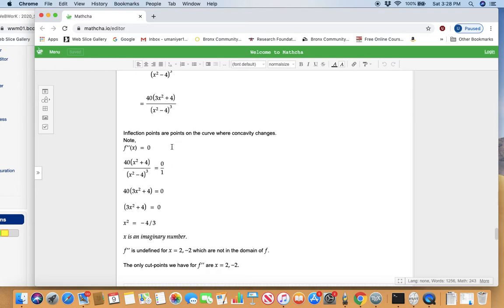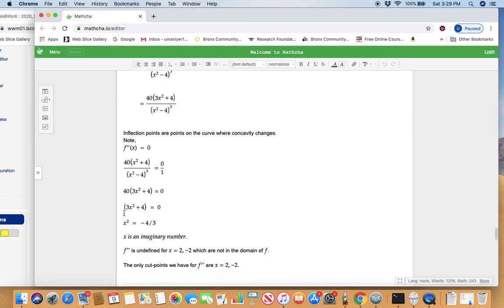One way to find inflection points is to set this to 0 and hope concavity changes from left to right. Anyhow, take this equals 0, cross multiply, divide by 40, I get 3x squared plus 4 is 0.